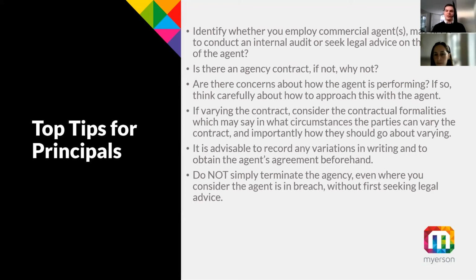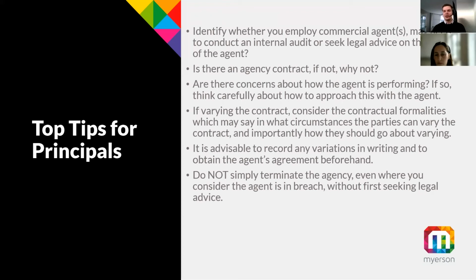I would say, however, frustratingly for principals, an agent not meeting contractual sales targets is probably unlikely to amount to a serious breach that would entitle the principal to terminate the agency agreement for poor performance.